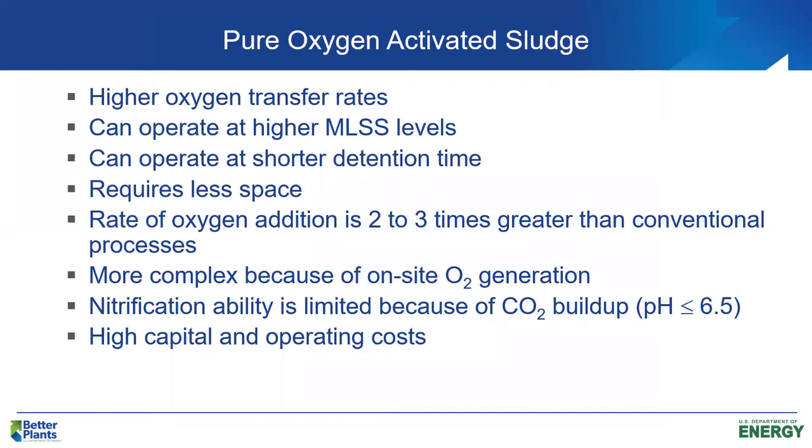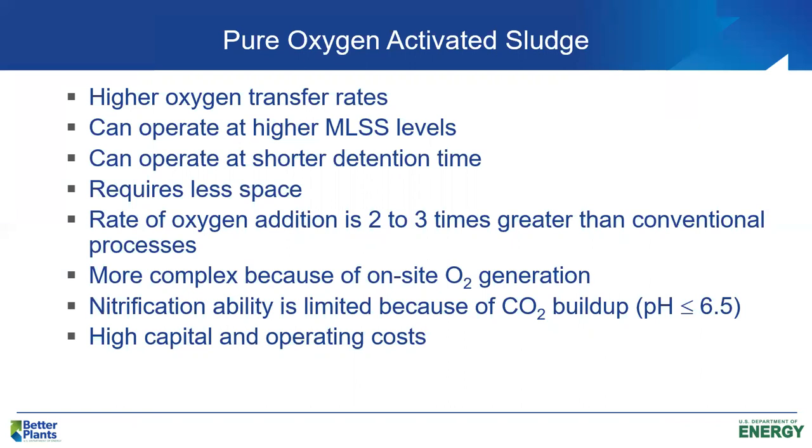We can operate at higher mixed liquor suspended solids levels with short detention times, and we can put a lot of treatment in a small footprint. Because of the high DO concentration, the sludge is actually over oxidized, and we can do a lot more treatment operating at a lower sludge age and a shorter detention time.